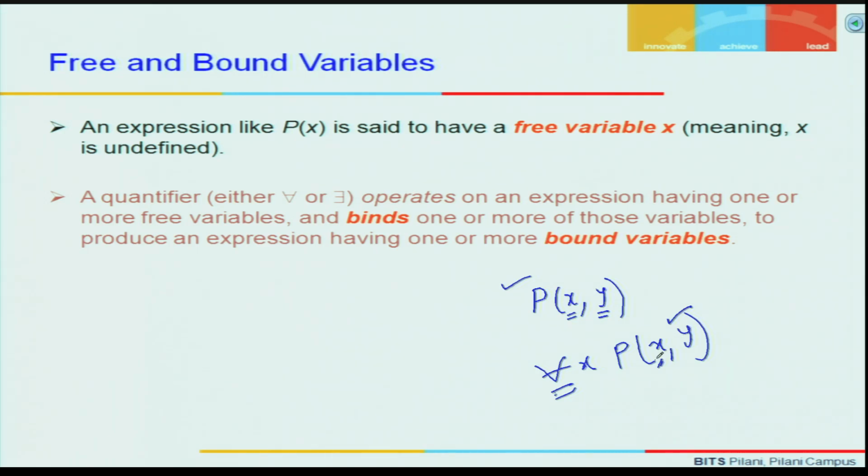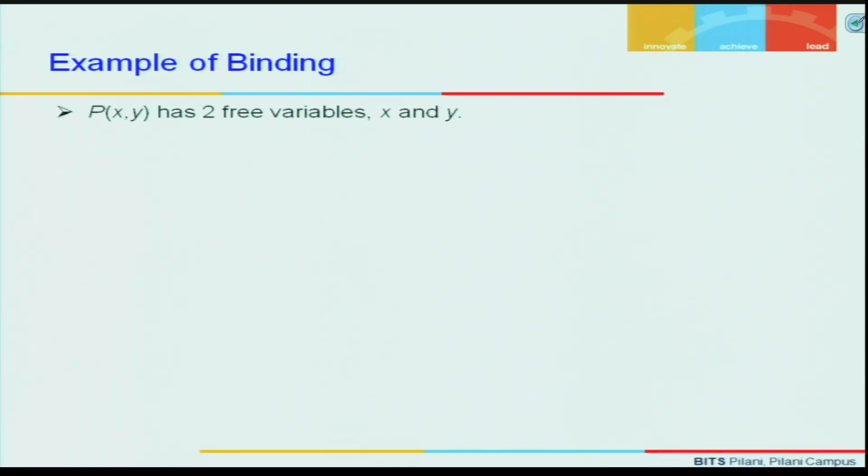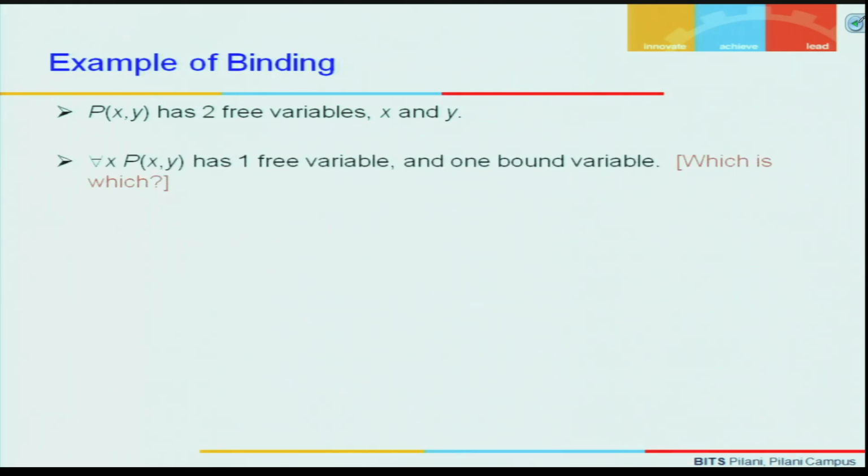Let us see these things with better examples. If I just say P(x,y) without any quantifier, it has two free variables because there is no quantifier working on them.